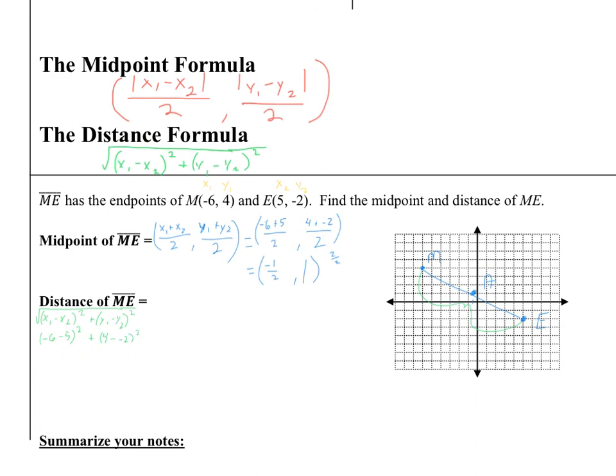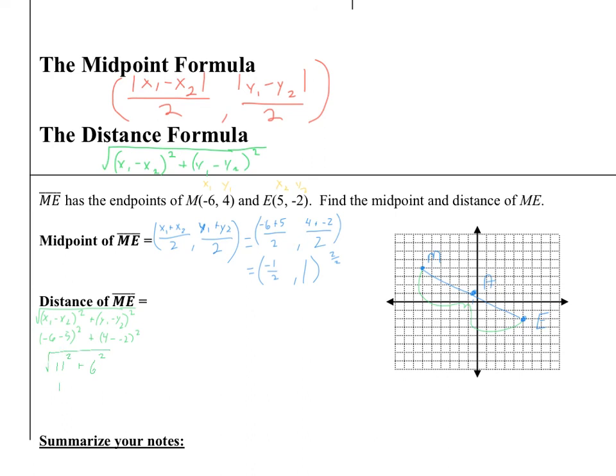And we'll take the square root at the end of all this. So I'll leave the square root off while I'm working, but we'll do that at the very end. So -6 minus 5 is 11 squared, plus 4 minus -2 is 6 squared. And we're going to do the square root of that.